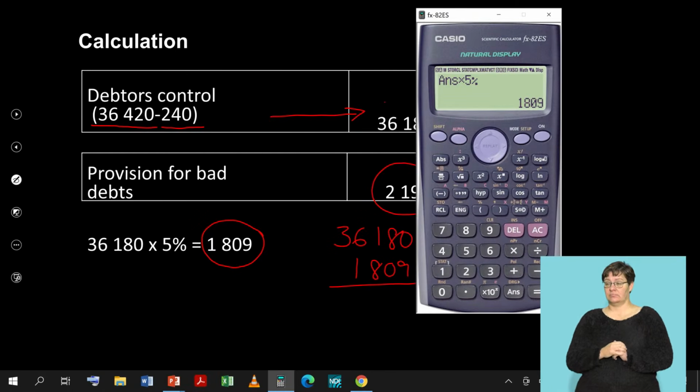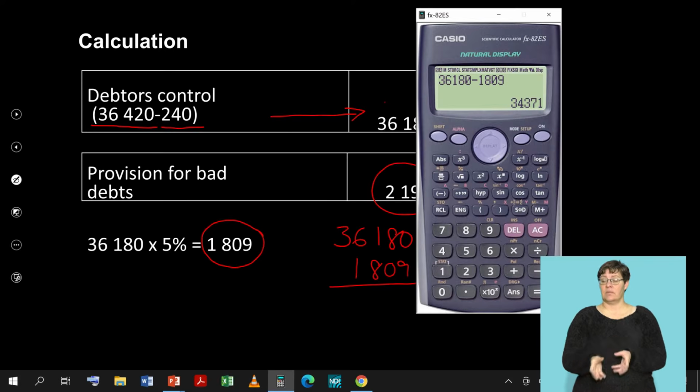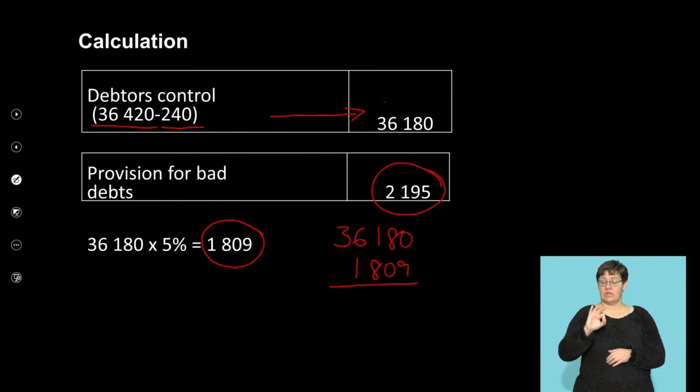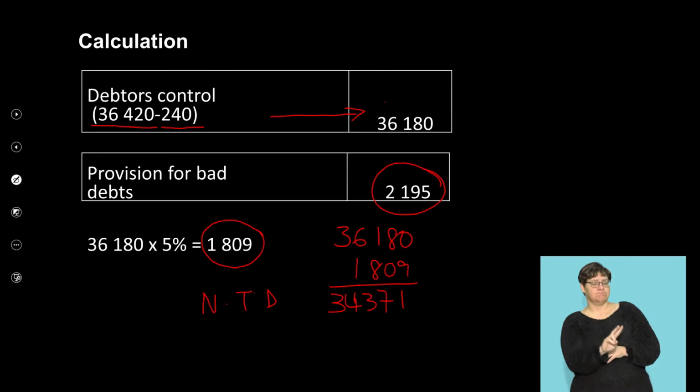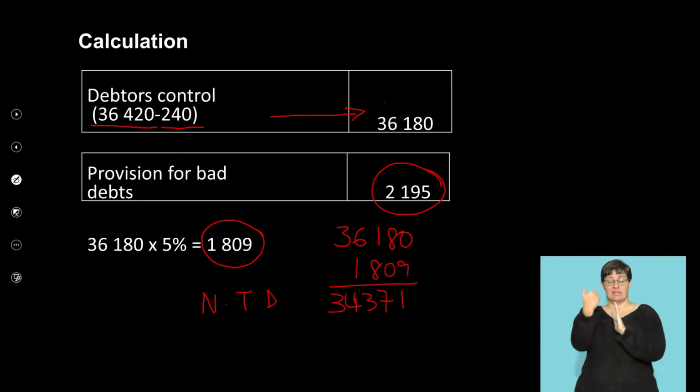We've got 36180 minus 1809 will give me a figure of 34371. So 34371 is your net trade debtors. Clear? So you can see now that when you're drawing up your balance sheet, take into consideration your new provision, right?